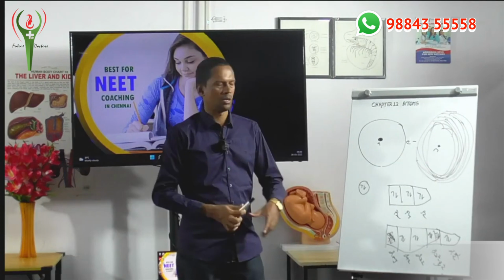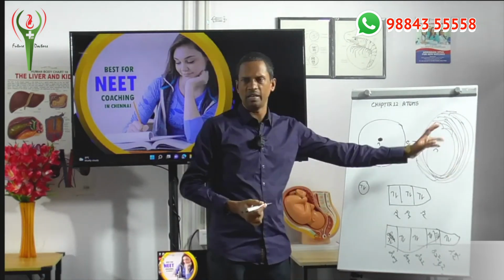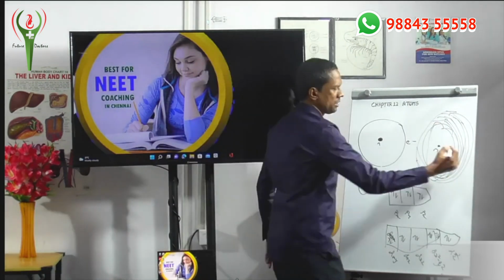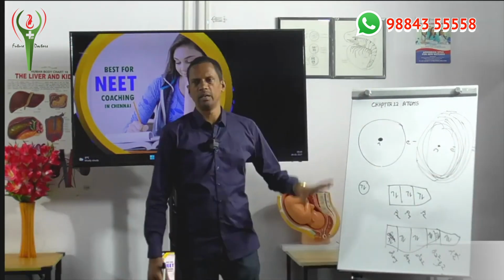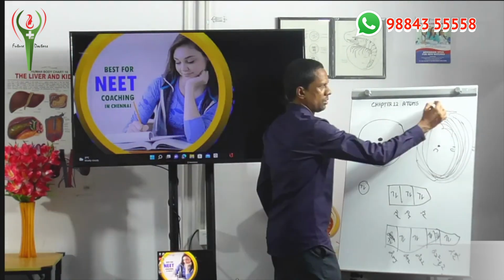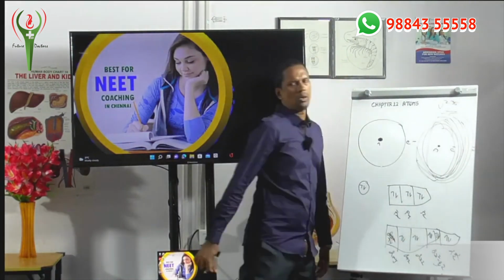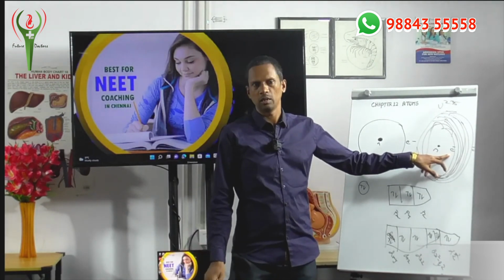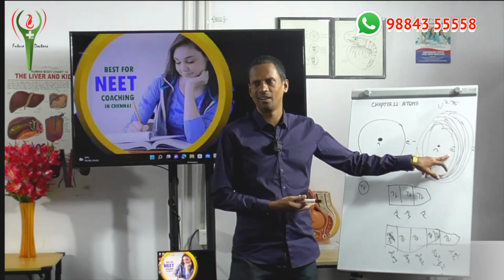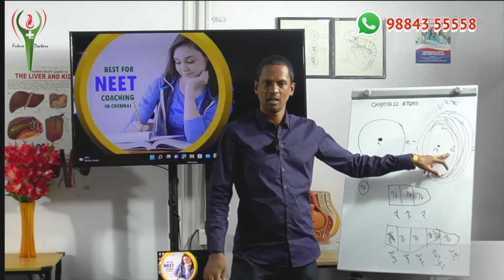So I am going for uranium itself, uranium 235. So this one is what? Electron only, that is why it is written as electron. Where is it located? Negatively charged. First orbital. Yeah, the electron is located in the first orbital.